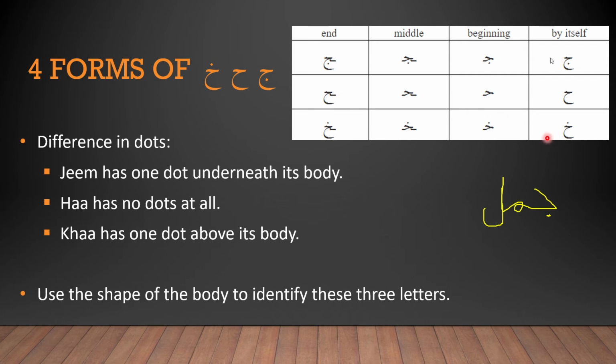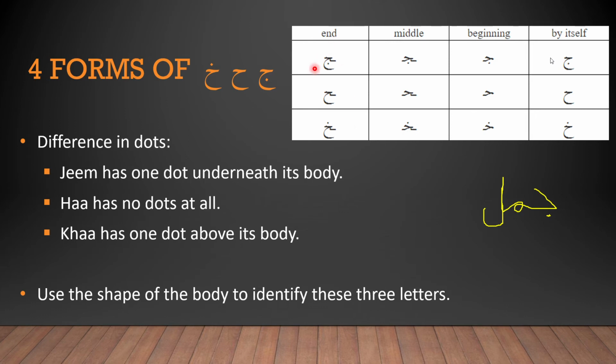KHaa also the same. There is KHaa without the lower arc, KHaa in the middle without the lower arc, and KHaa at the end with the lower arc, and it has an extension because it is connecting with the previous letter. And if you look again, as I told you before, the ending forms of many letters are similar to their beginning or original forms.